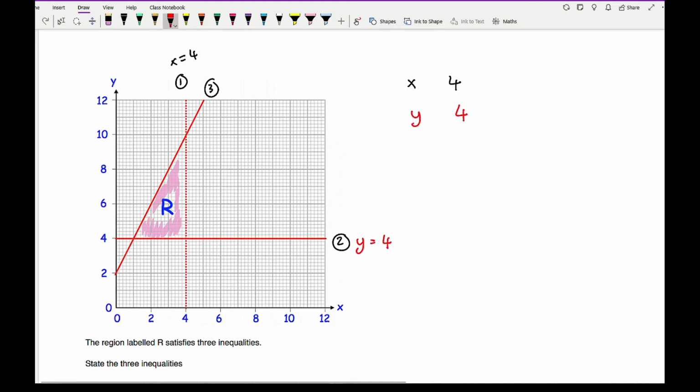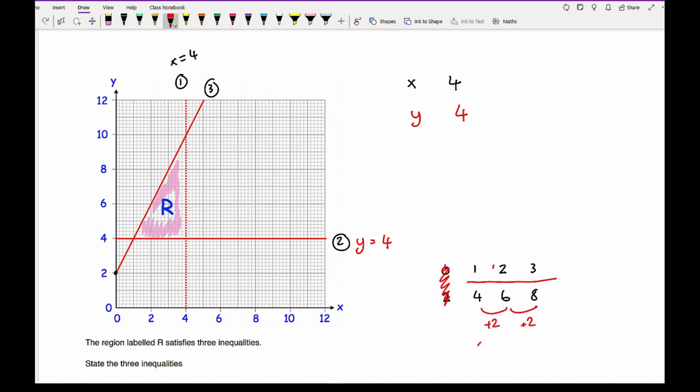And in terms of this diagonal line, looking at the coordinates, I've got (0, 2), (1, 4), (2, 6), and (3, 8). Now, if you imagine this is like the nth term in sequences, so if I ignore the first one, the difference here is 2.